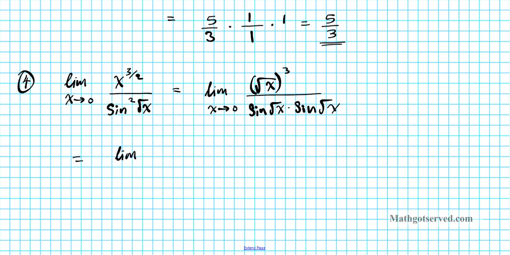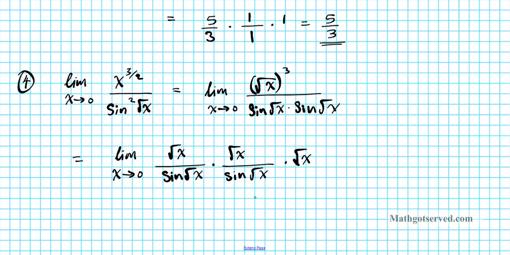So we have a limit as x approaches 0 of square root of x over sine root x times square root of x over sine root x. And you know what's left? Notice we have 3 root x's in the numerator, right? Because it's being raised to the third power. So we just put that on the side here, times root x.